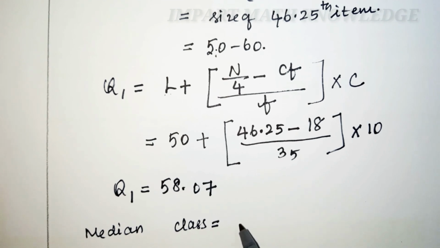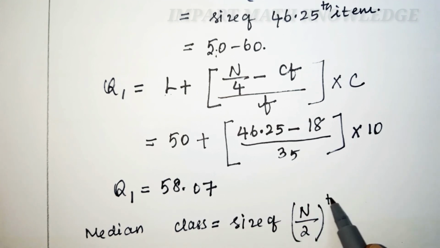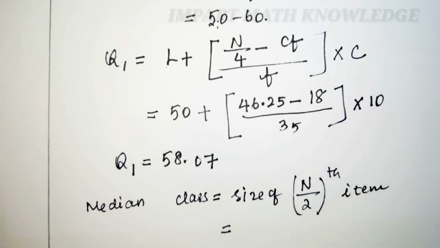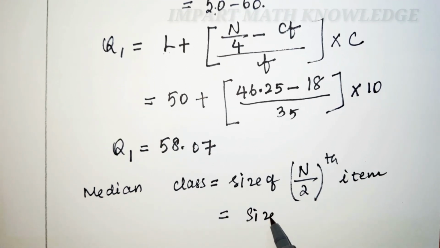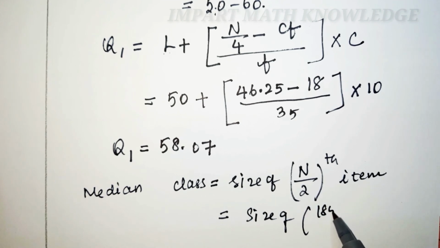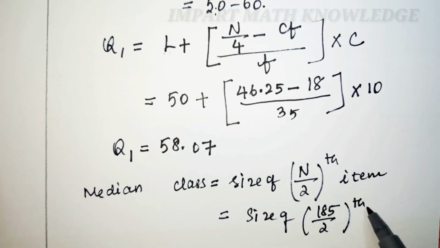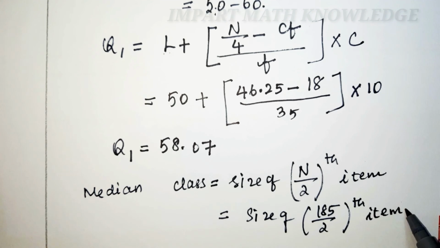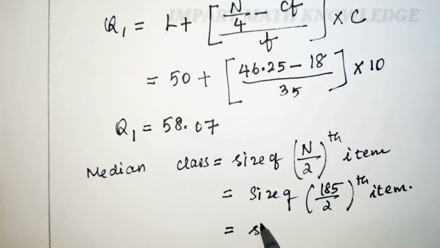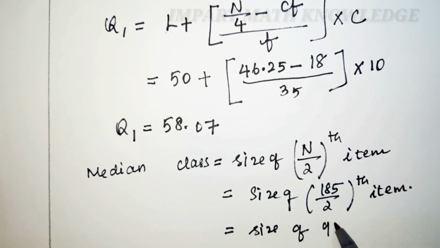Next one, median class. Median class is equal to size of n by 2 item. Here n is equal to 185. So size of 185 by 2 item is size of 92.5th item.